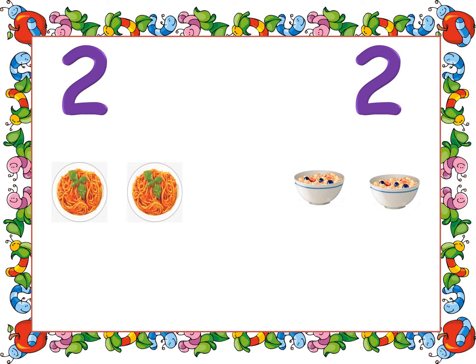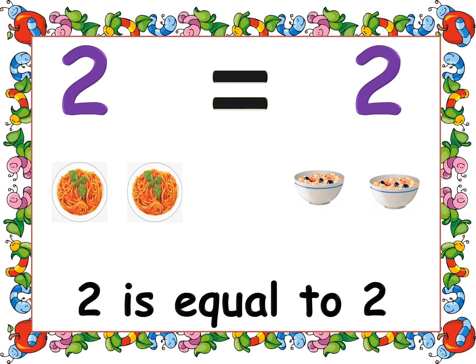So we have 2 plates of spaghetti and 2 plates of oatmeal. So the alligator is not going to eat any. We are going to put the equal symbol and we are going to read this as 2 is equal to 2. Very good.